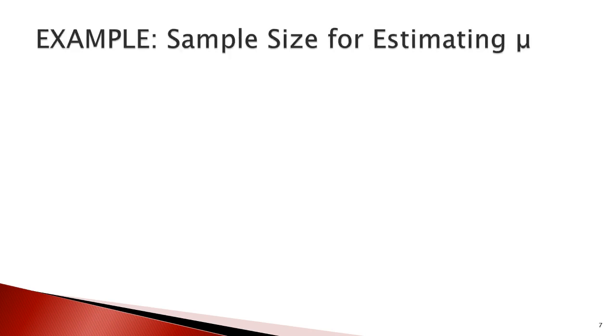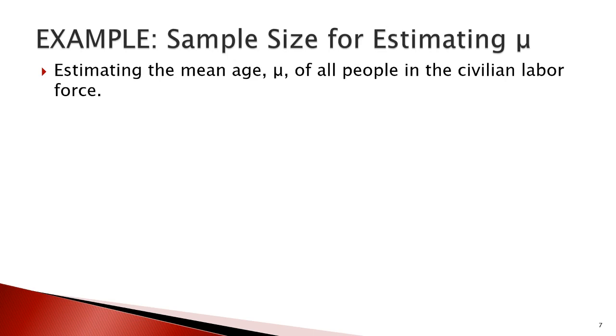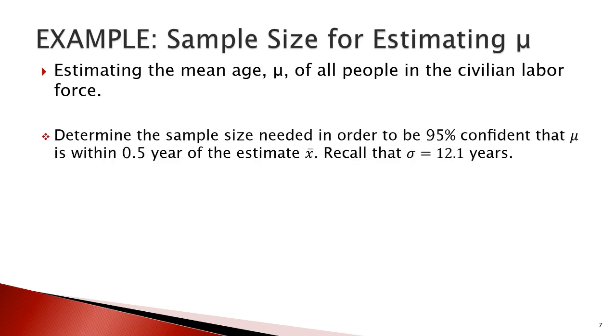Okay, let's move on to another example. This problem is related to the previous example on slide number 3. As you remember, the problem is to determine the sample size if we want to be 95% confident that mu is within 0.5 years of x bar.